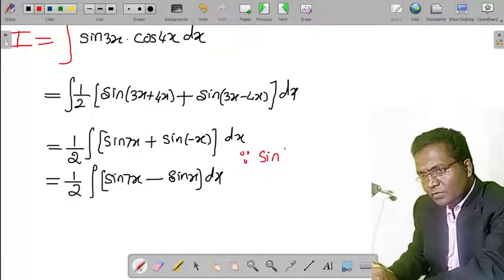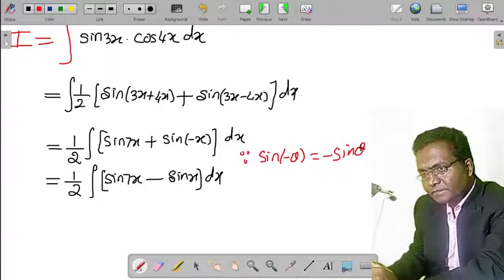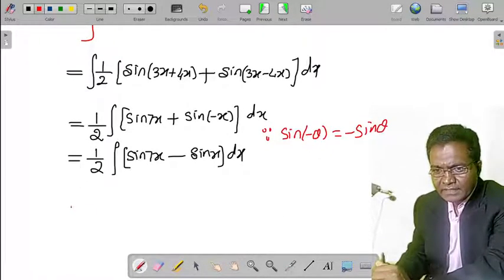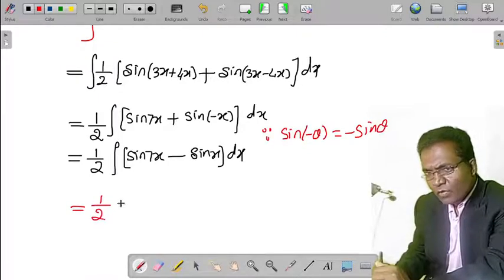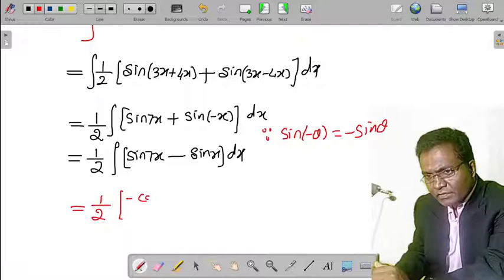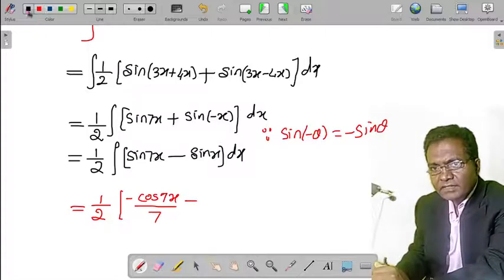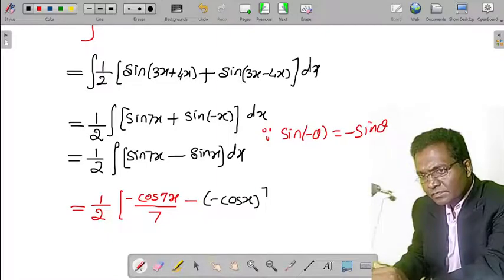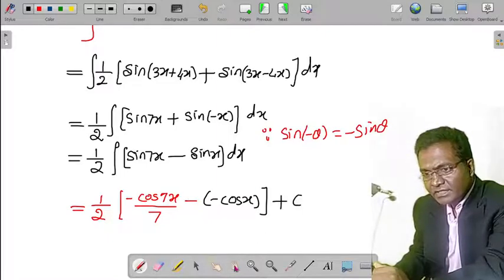Now you can integrate very easily. 1 by 2 integration of sine ax, I told you it is minus cos ax by a, that is minus cos 7x by 7, minus integration of sine x is minus cos x, and plus constant c.